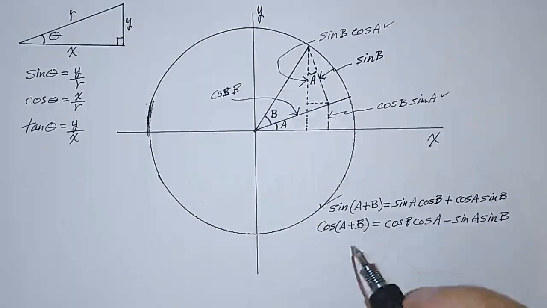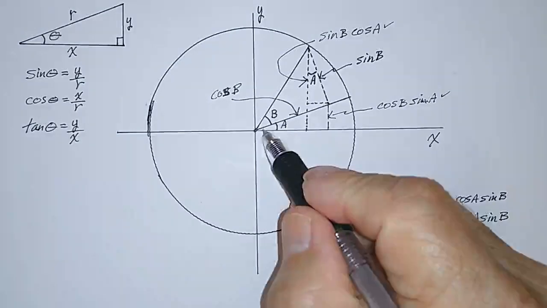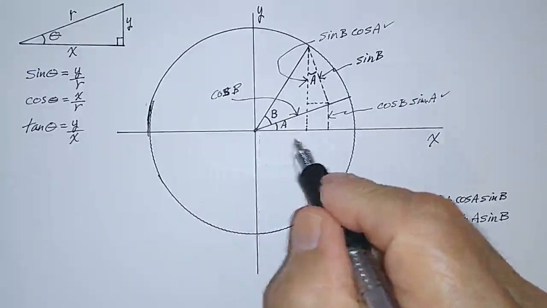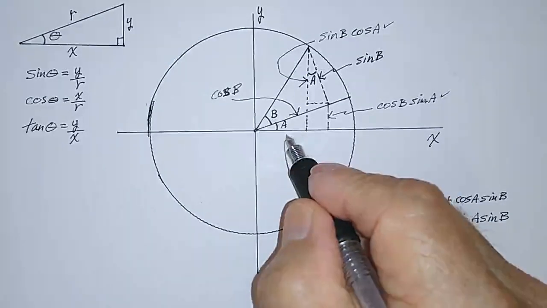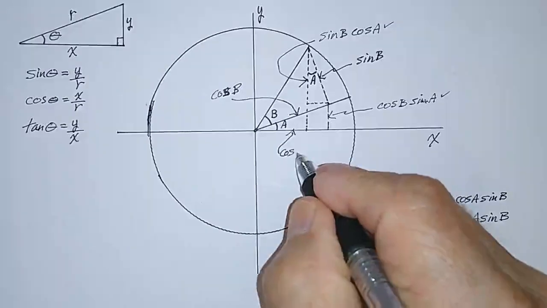And similarly, for the cosine of A plus B, let's take a look at this. This is angle A. So this distance right here, right along here, is cosine.